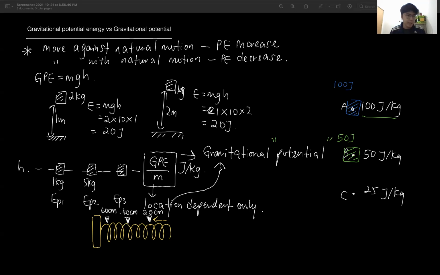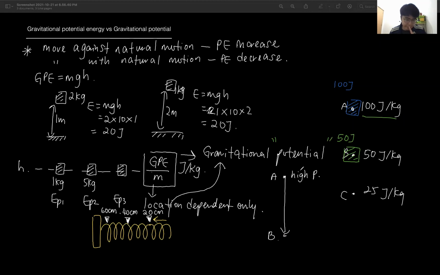Okay, so so far, what we have understood here, you see, the natural motion of an object is downward. If I put it in a gravitational field, it will fall down. Okay, so a high object falls from, let's say, point A to point B. Here, I would say this is a point of high potential.